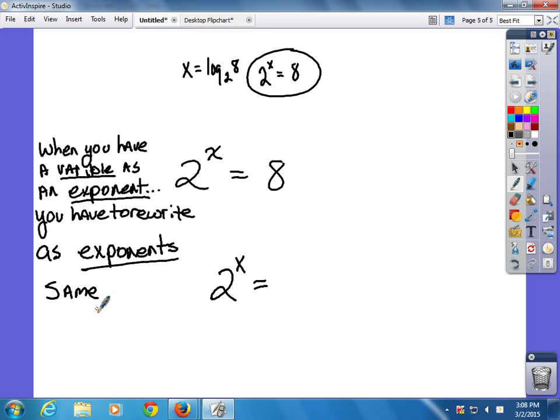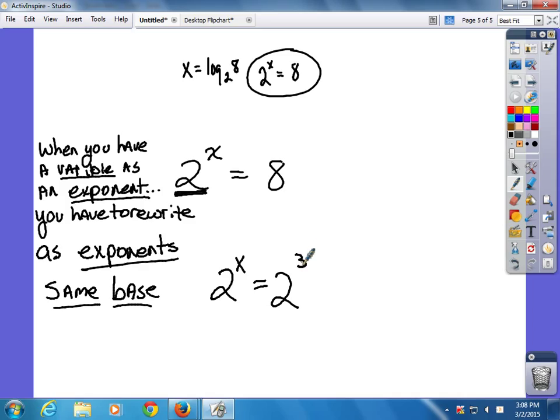It helps to have the same base also. So what's the base of this exponent right here? So let's rewrite this as 2 to an exponent. What would it be? Thank you.